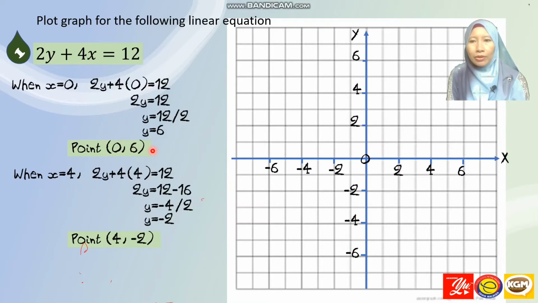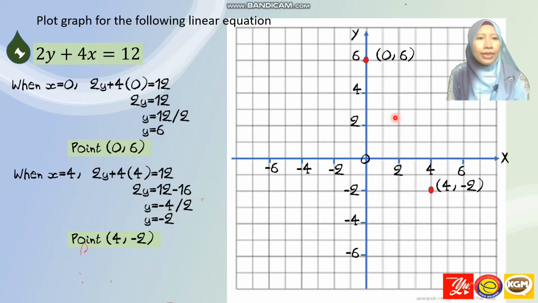Now we can plot all these points. The first point is (0, 6), so 0 is the x value and 6 is the y value. Another point is (4, -2), so the value of x is 4 and the value of y is negative 2. So (4, -2) is here.